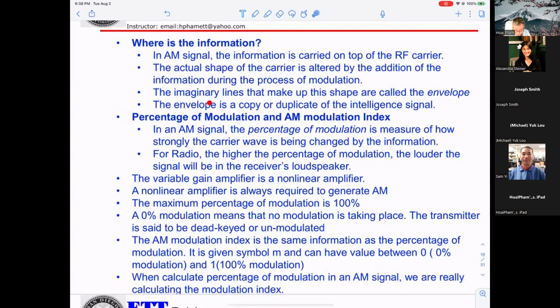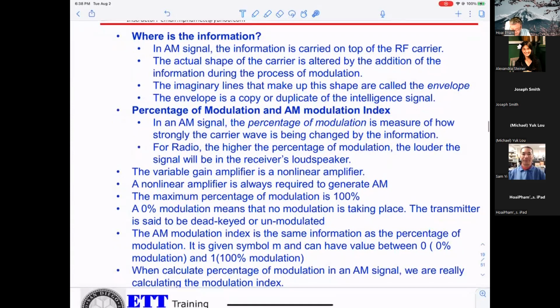The imaginary lines that make up this shape are called the envelope. The envelope is a copy or duplicate of the intelligent signal.